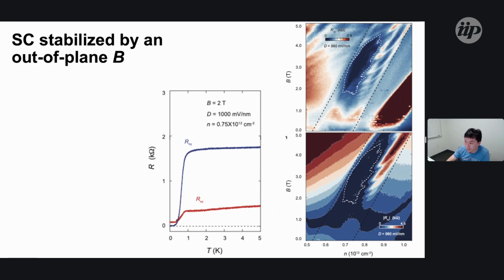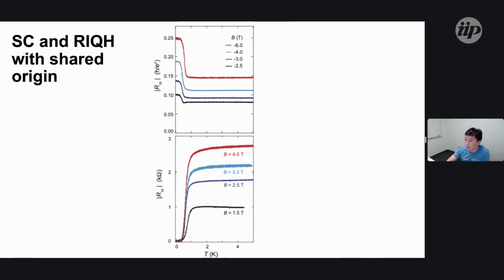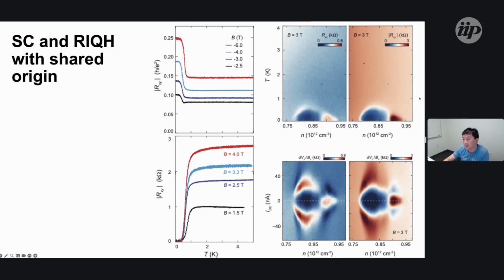It has a fairly sharply defined temperature dependence. Most interestingly, the transition temperature of the superconducting phase seems to match the melting temperature of this bubble phase, right? The transition temperature of the re-entrant quantum Hall effect.